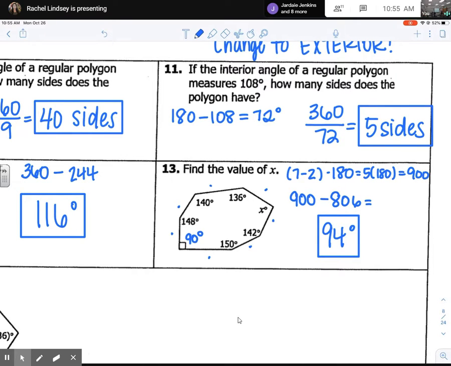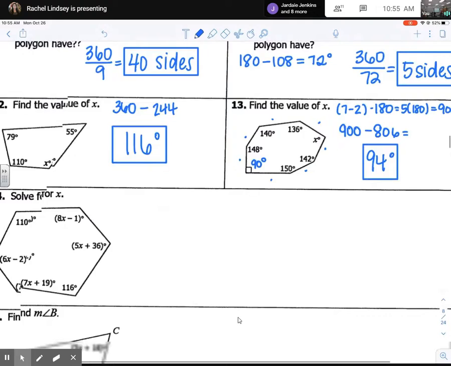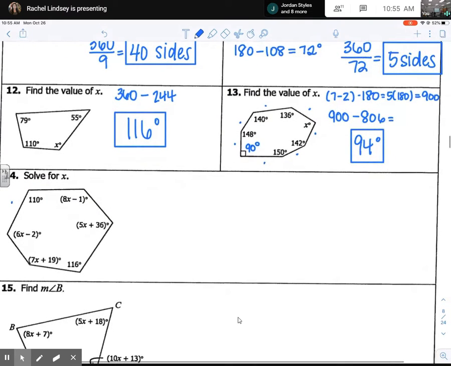Hey, on the next one, number 14, how many sides does this shape have? 6. So 6 minus 2 times 180. So 4 times 180 is 720.